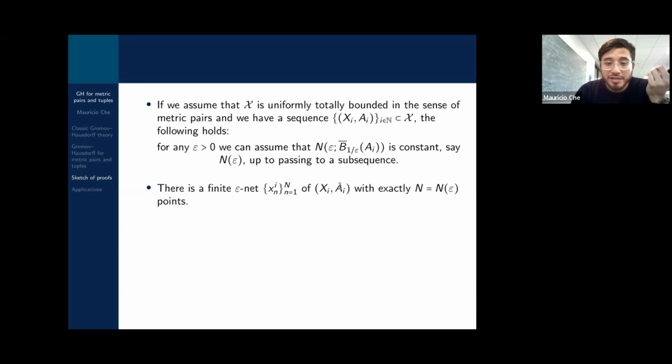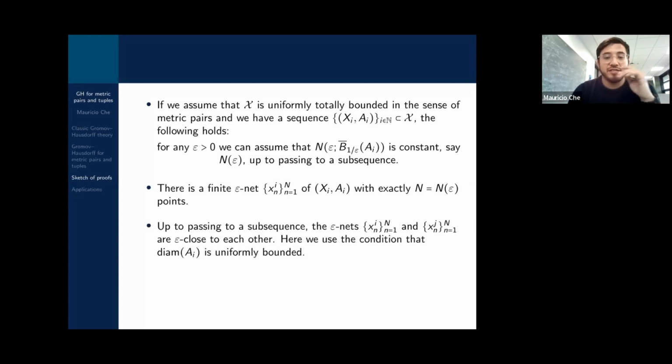This shouldn't be the pair X_i, A_i, it should be the ball around A_i. There is a finite epsilon net of the ball around A_i, and all those epsilon nets have the same number of points, n epsilon points. That is the meaning of these being constant. I'm just interpreting the definitions.